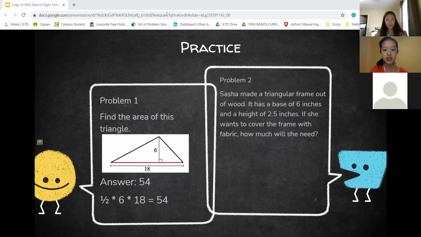So for the second problem, Sasha made a triangular frame out of wood. It has a base of 6 inches and a height of 2.5 inches. If she wants to cover the frame with fabric, how much will she need?